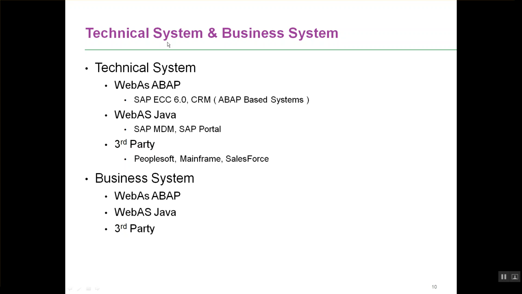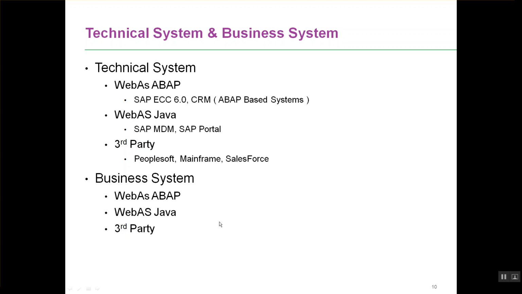Okay. So to summarize, technical systems are classified into three types: web-based ABAP, web-based Java, and third-party. And likewise, business systems are classified as web-based ABAP, web-based Java, and third-party. A web-based ABAP system can have multiple business systems. The relationship between a web-based ABAP technical system and a web-based ABAP business system is 1:n. Basically, each client of your ABAP system can be correlated to a corresponding business system.